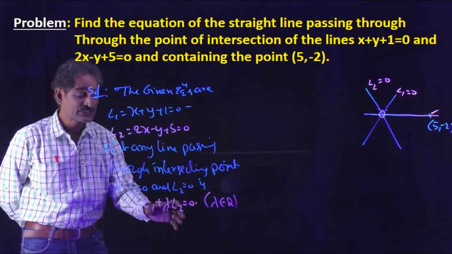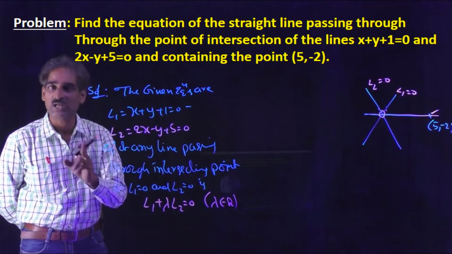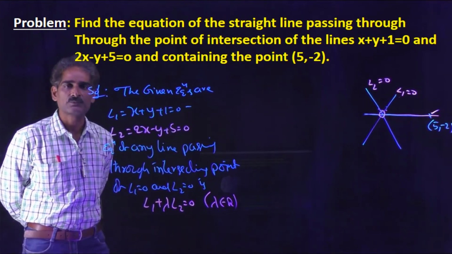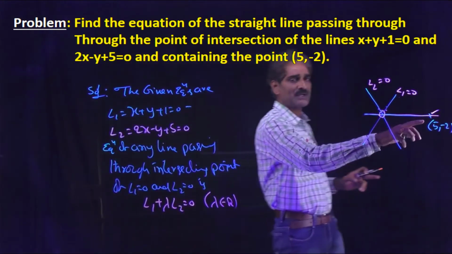Understand? This represents a family of lines, but we have to find only one line, the one passing through the point (5, -2). There exists only one line passing through the intersection point and this point.